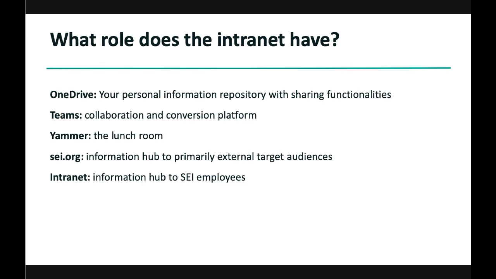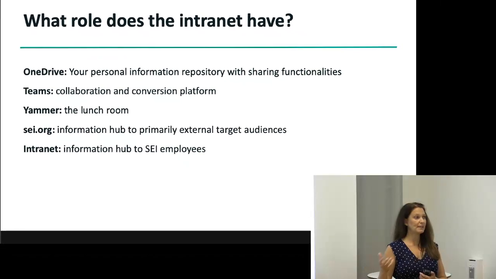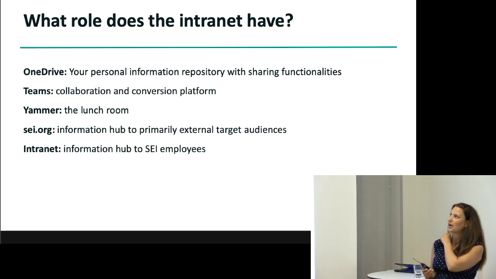And the benefits of having a good intranet with central information is to, of course, facilitate the internal communication. It's also to simplify processes and to improve the workflows that we have internally. This means that the purpose of the intranet is not to have duplicate information from the external website. Just mentioning that.